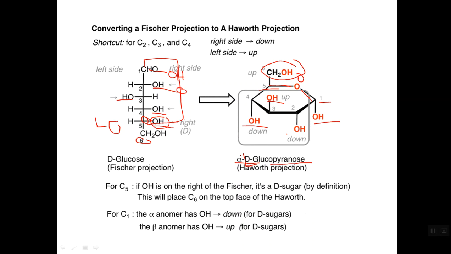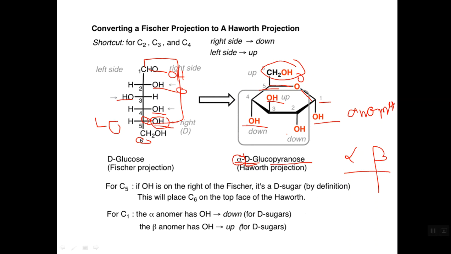Then another designation is alpha and beta. This is called anomerization, and the alpha and beta are called the anomers. What are these anomers?